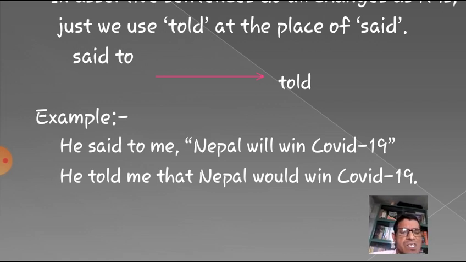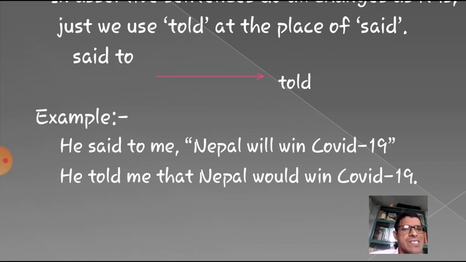That's why its indirect speech becomes: He told me that Nepal would win COVID-19. He told me that Nepal would win COVID-19. It has become indirect speech. So even in this example, you can see that said to is changed into told.